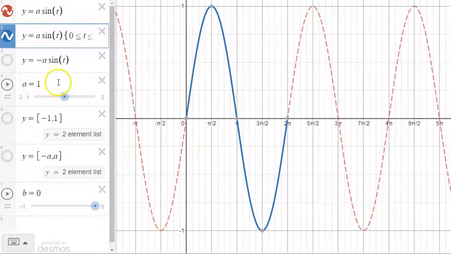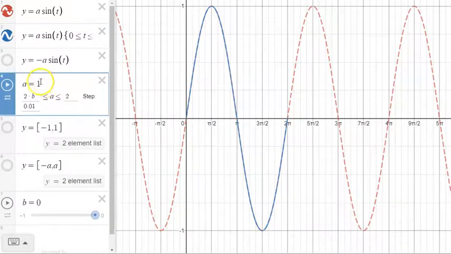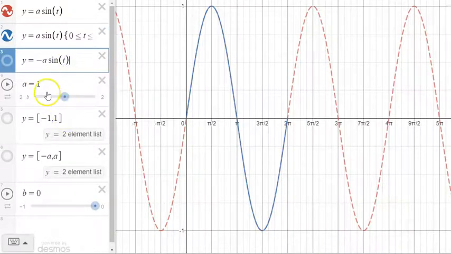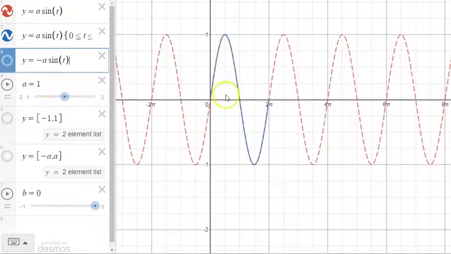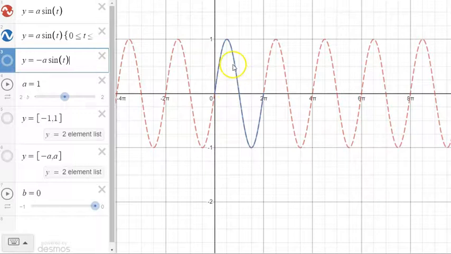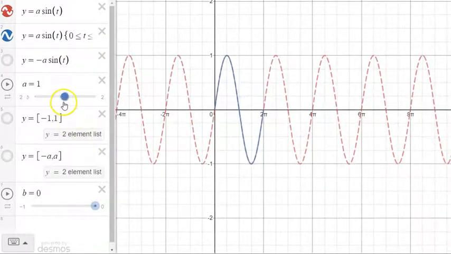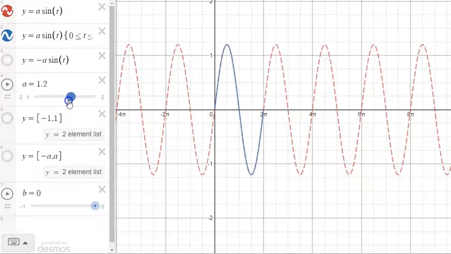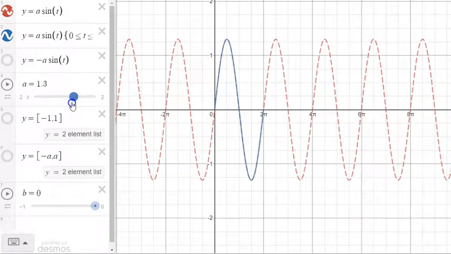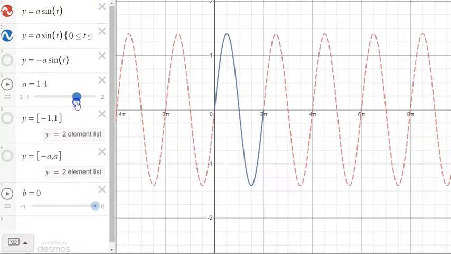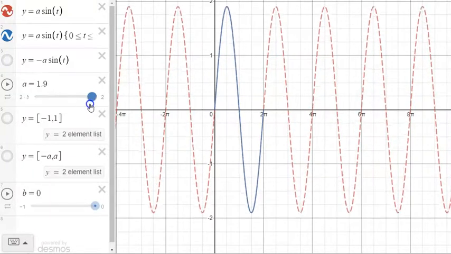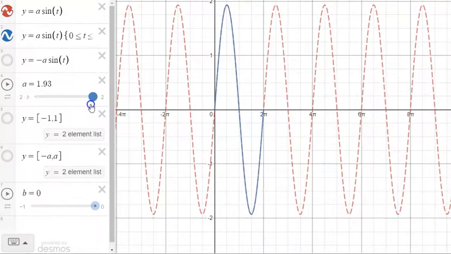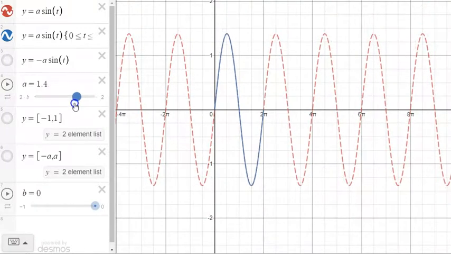Now notice on the left here, I've got a, and I've set a to 1. As I mentioned earlier, if we increase it, we're going to expect the value of this function to increase. So notice as I increase it, the curve is being stretched or dilated in the vertical axis. It goes up, and then if I decrease it, it goes back down.